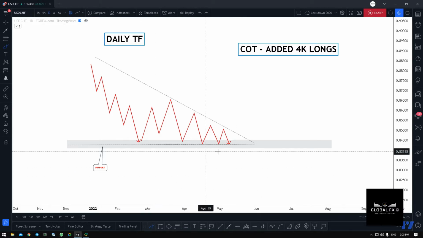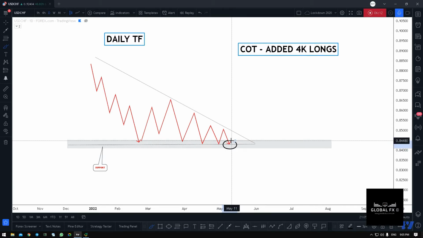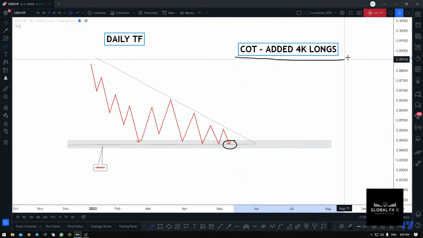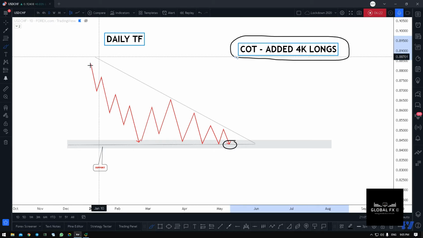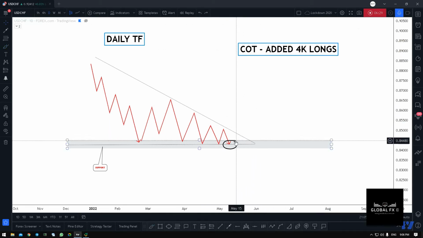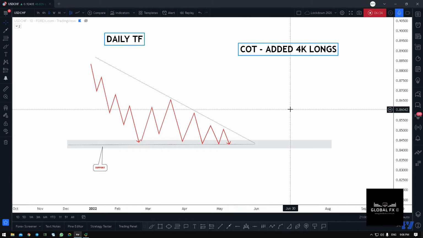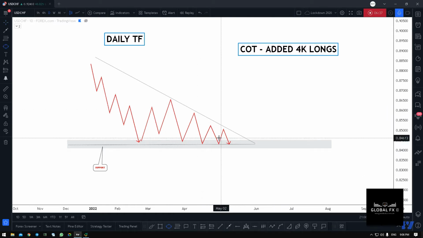So once the market reached over here, for example, let's say May 9th, the market reached to here, and at the beginning of that week you saw that the banks, the COT, had added 4K longs on the previous COT data release. So on the daily, yes, we know that in this area at some point we need to look for a big push to the upside.